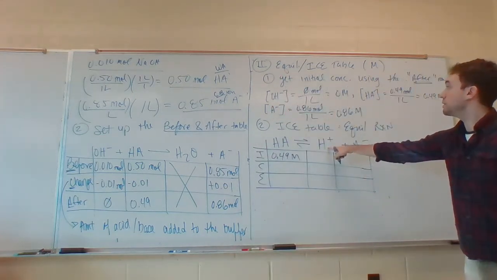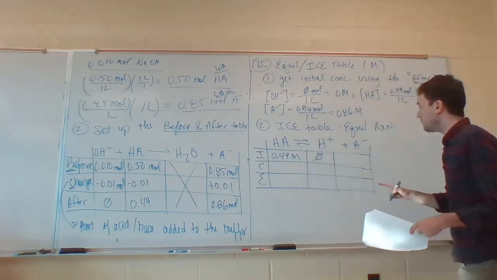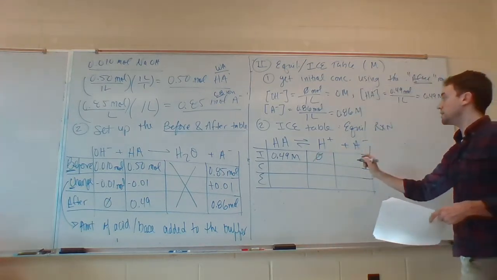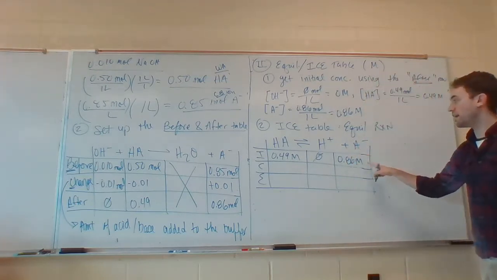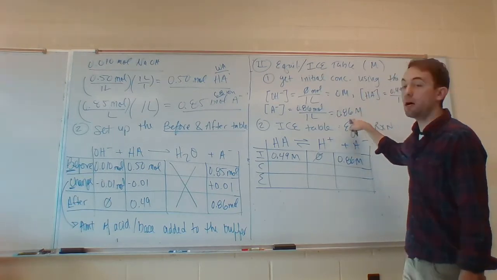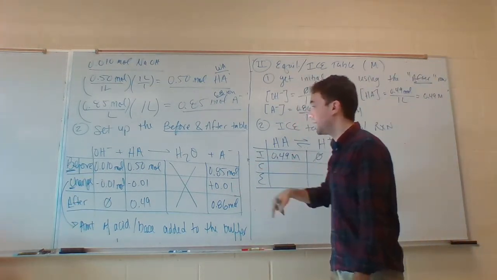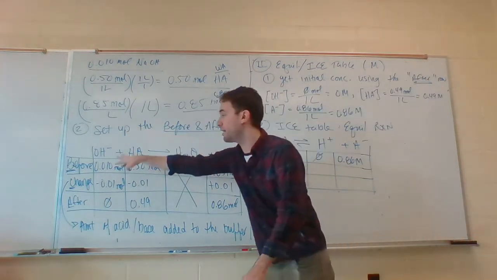Our H plus, we don't have any information about that, so it's a 0. And our A minus is a 0.86. Notice that we have that A minus concentration because of the buffer, and it's a little bit different than our initial concentration would have been because we've added a little bit of base.